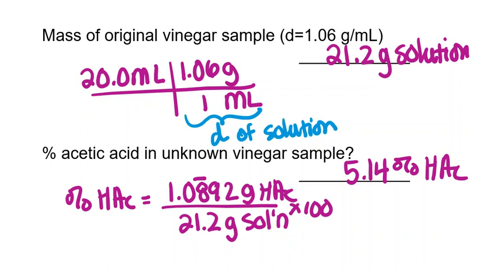And that's about what the percent will be for vinegar. Certainly in quizzes and tests and stuff, we may give you solutions that are not 5%. But anyway, that's how you do it.